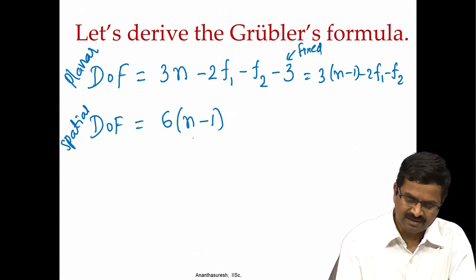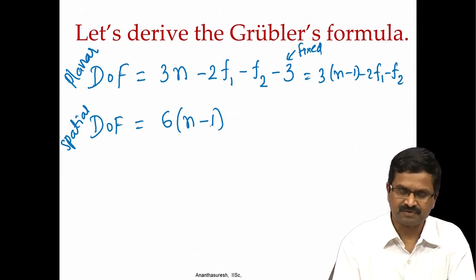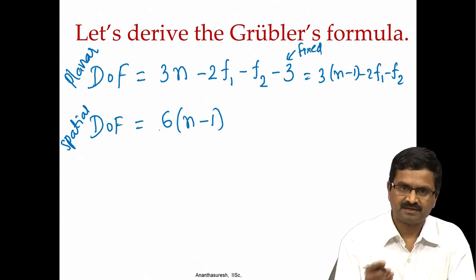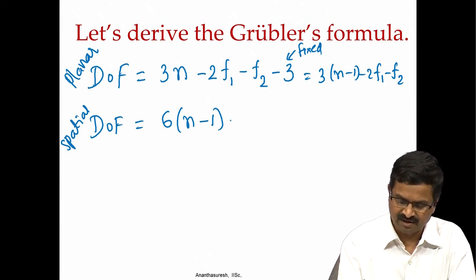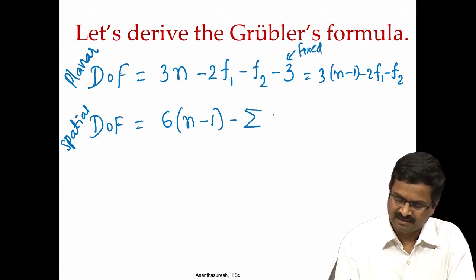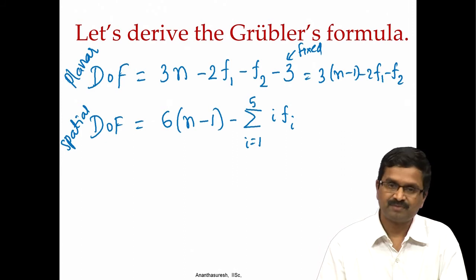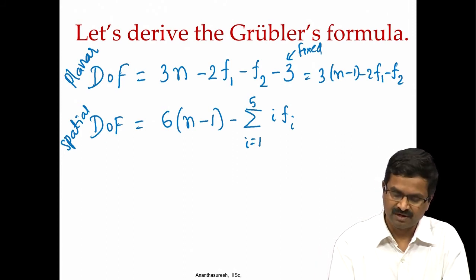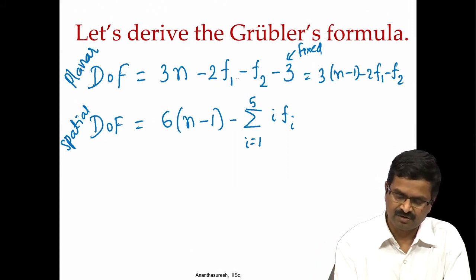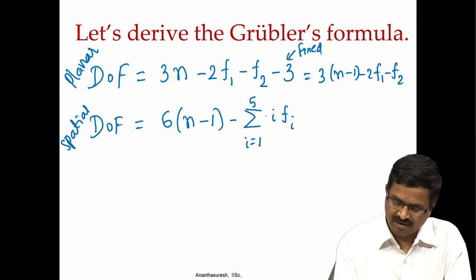If there are n bodies, 1 we subtract because that is fixed, and 6 is what each body has. Then I can just write it as i into Fi, where i goes from 1 to 5, not 6, because a 6 degree of freedom joint does not make sense, it is no joint at all. So, whatever we have here, minus 2 F1, minus F2, depending on this should be 6 minus i.